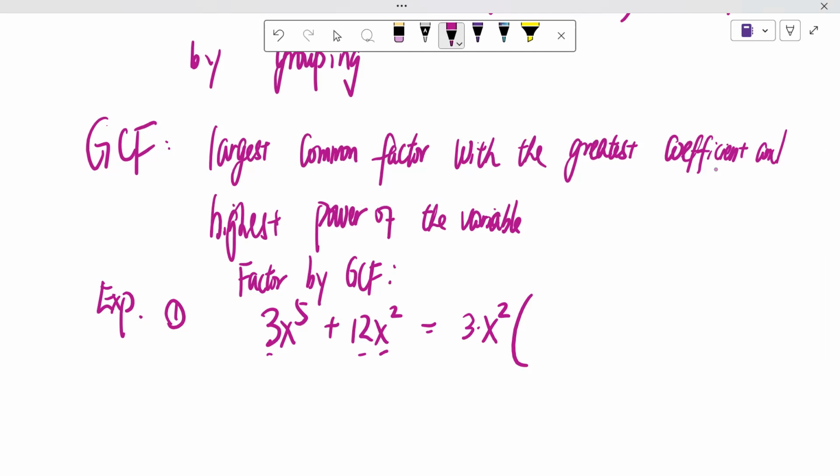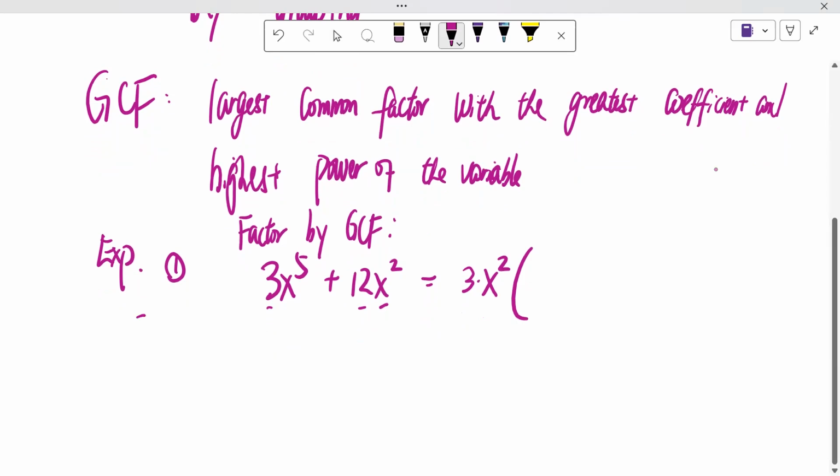After we factor by GCF, if you want to get the remaining terms, you take 3x to the 5 and divide it by 3x squared. Cancel the 3, and then x to the 5 over x squared will be x to the third.